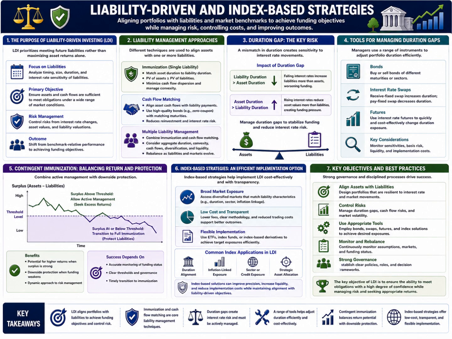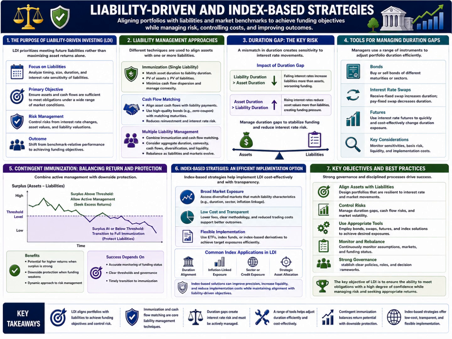For institutions facing multiple liabilities over extended periods, managers often combine immunization and cash flow matching techniques. Multiple liability portfolios require consideration of the entire liability structure rather than a single future payment. Managers evaluate aggregate duration, convexity, and cash flow patterns while ensuring sufficient diversification and liquidity.